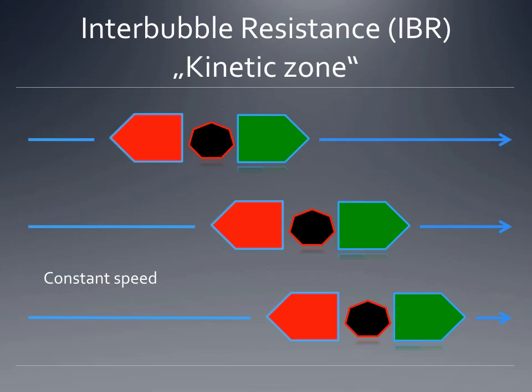Well, this little figure represents the same comet moving from left to right at different stages. In my little universe, this comet changes the interbubble resistances in a certain zone around itself, and I call that zone the kinetic zone. As it moves from left to right, it creates a zone of decreased interbubble resistance in front of it, which is represented by the green arrow, and a zone of increased interbubble resistance at the back.